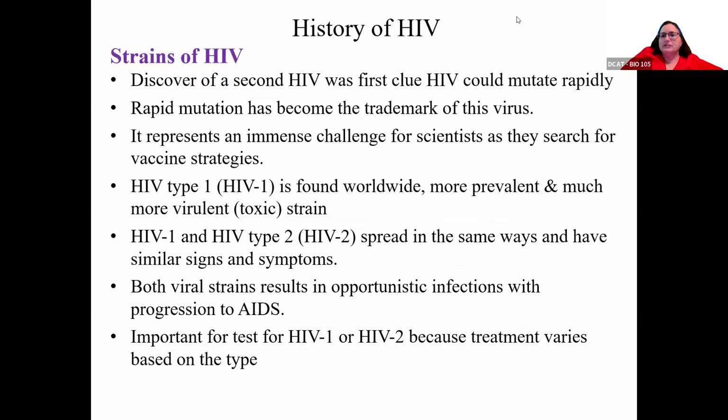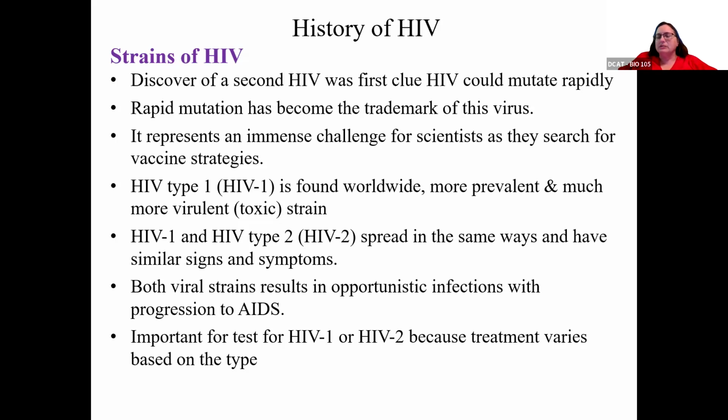So strains of HIV. The discovery of a second strain of HIV was the first clue that HIV could mutate very rapidly. Rapid mutation has become the trademark of this virus. And that is one of the main reasons why it's so hard to have a vaccine against HIV, because it does mutate so rapidly.